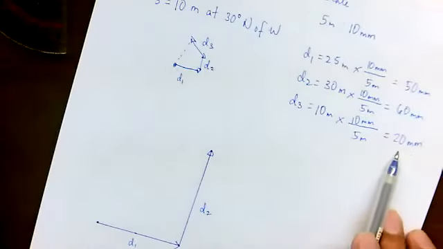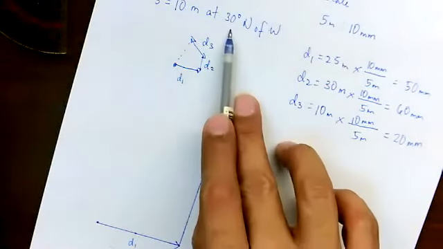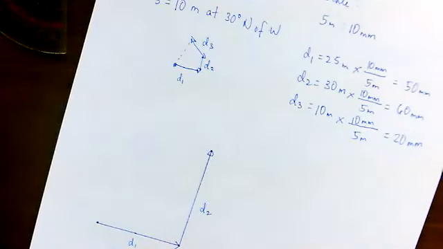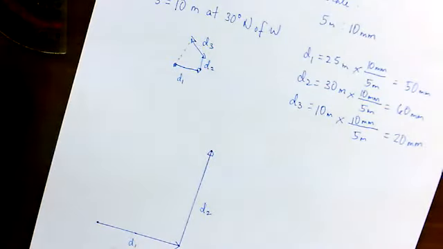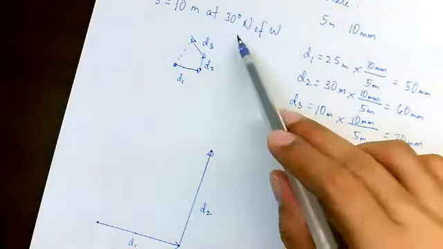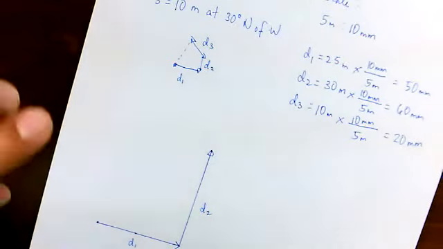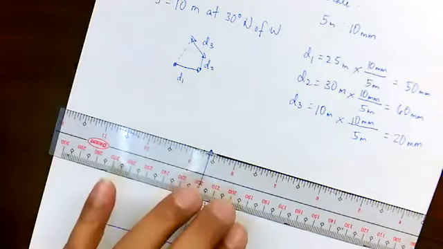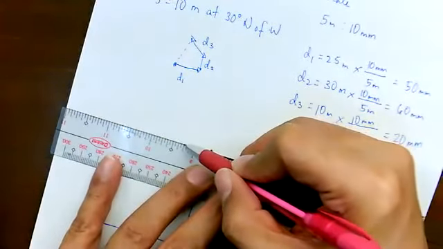The next vector is 20 millimeters at 30 degrees north of west. This is different from D1 and D2 because D1 and D2 lie on the axis. So for D3, you have to draw first an imaginary Cartesian plane.